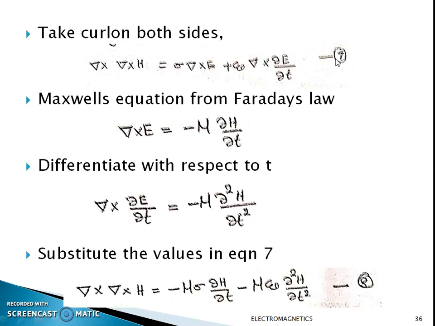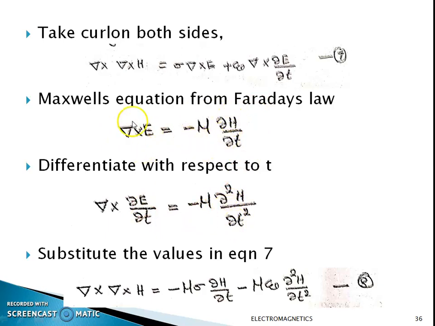The wave equation for magnetic field is also obtained in a similar manner as we did for the electric field. So in the next step we take the Maxwell's equation from Faraday's law, that is del cross E is equal to minus mu dou H by dou T. Then differentiate this with respect to T. Then we can write del cross dou E divided by dou T is equal to minus mu dou square H divided by dou T square.